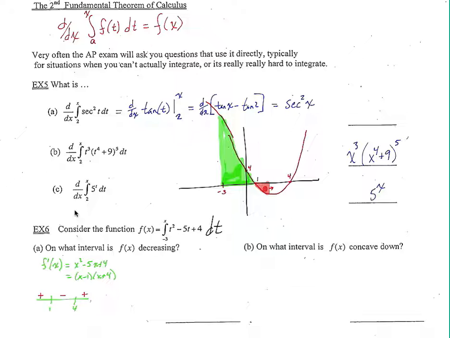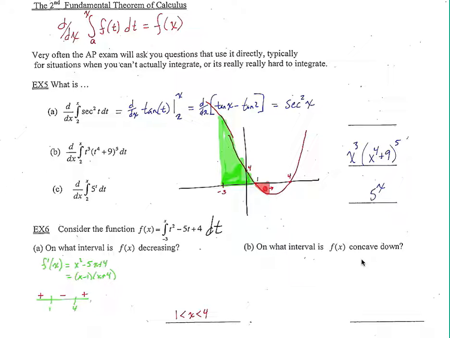So then from the number line analysis, we can see that f of x is decreasing, its derivative. Right? So the derivative of f of x is negative between 1 and 4. Right? So between 1 and 4. Right? And if we want to figure out when it's concave down, we look at the second derivative. Right?